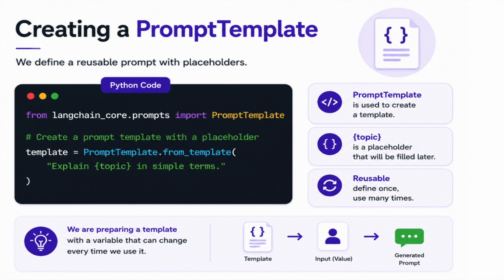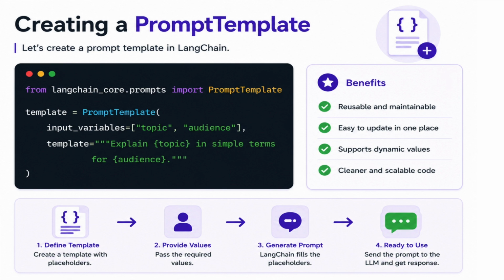placeholder. Templates can include multiple placeholders, making them flexible enough for real-world AI applications. Here you can see we are creating a custom prompt with topic and audience variables. The generated prompt can be passed directly to your language model, keeping your code clean and separating prompt design from execution.